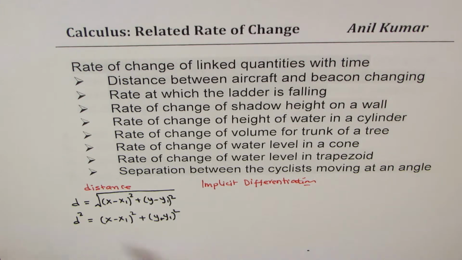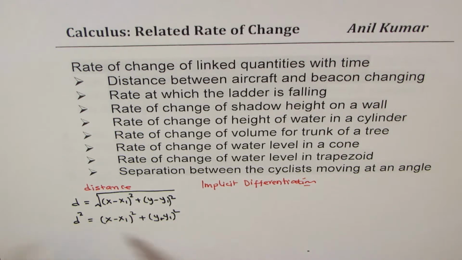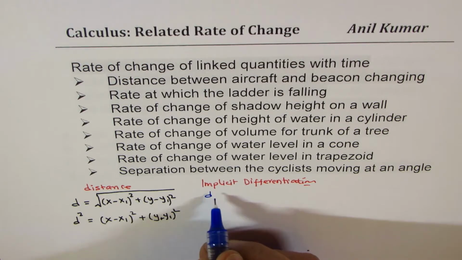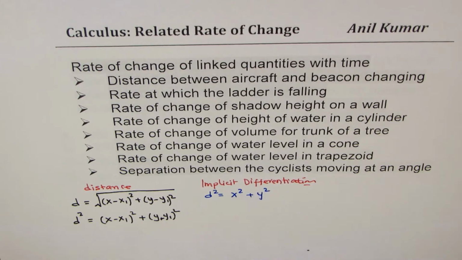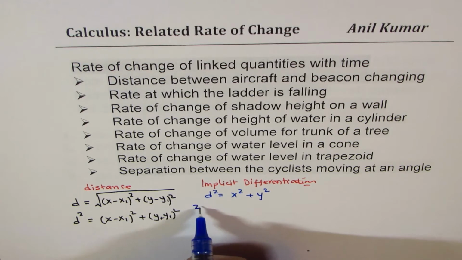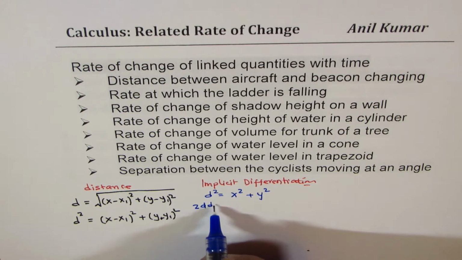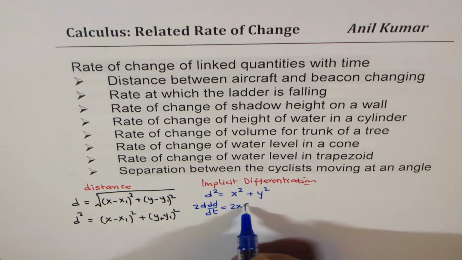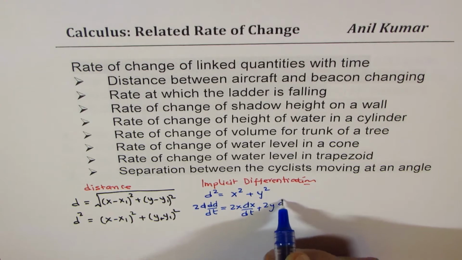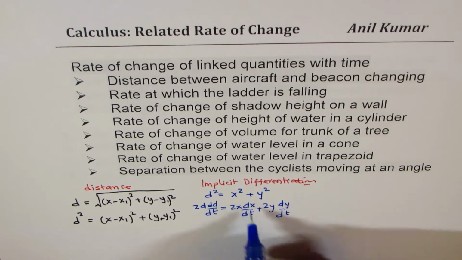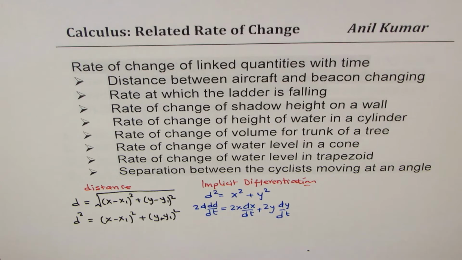So if we have to differentiate this particular equation, let's say d square equals x square plus y square, then its derivative with respect to time will be 2 times d dd over dt equals 2 times x dx over dt plus 2 times y dy over dt, correct? So that is implicit differentiation.